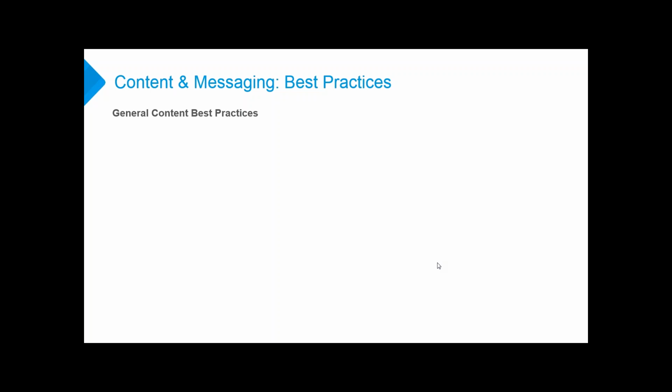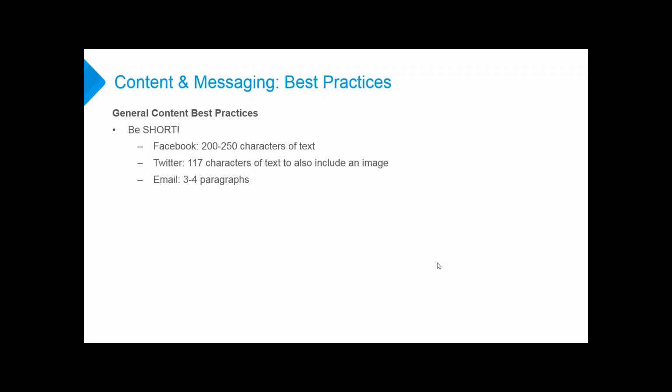In terms of general content best practices, I can't say it enough, the most important thing is to be short. For Facebook posts, I would really keep it to 200 to 250 characters. It may not seem like a lot, but my favorite little factoid of communications is that the average press release headline is only 90 characters.